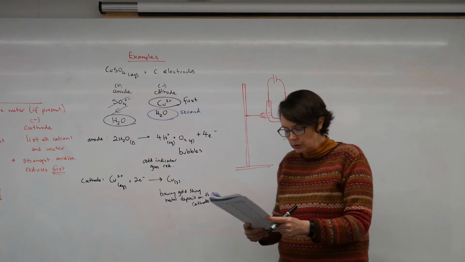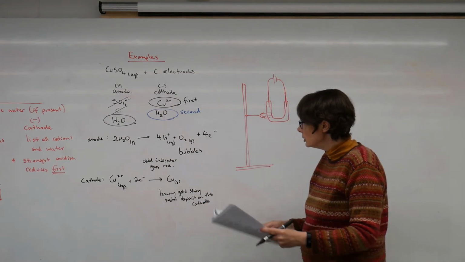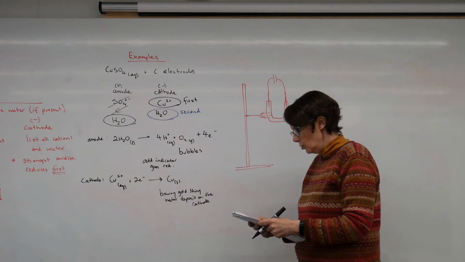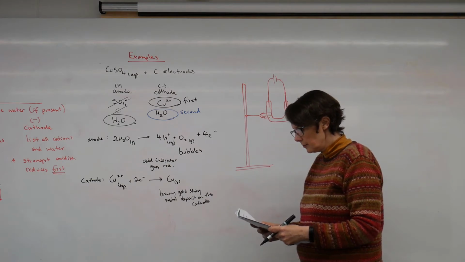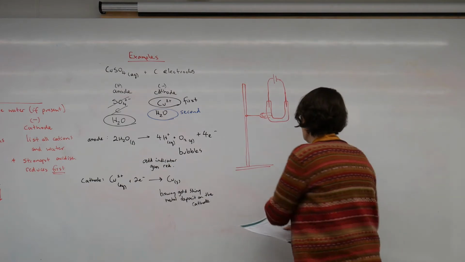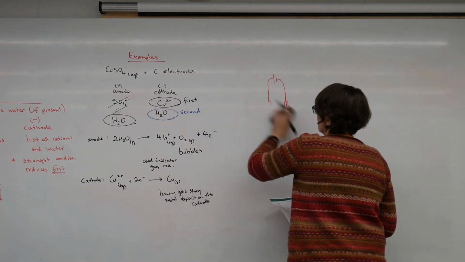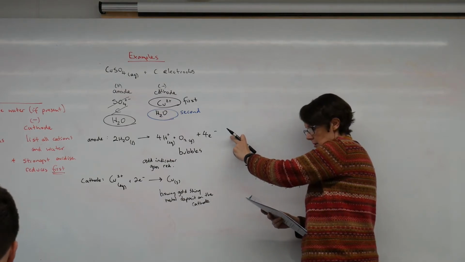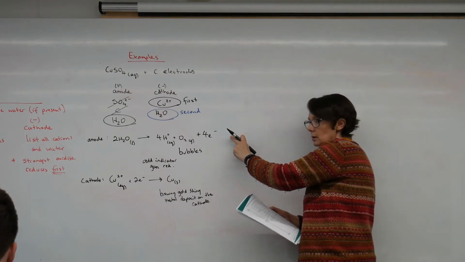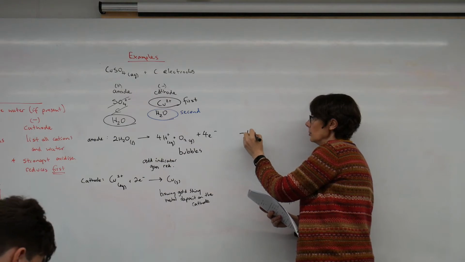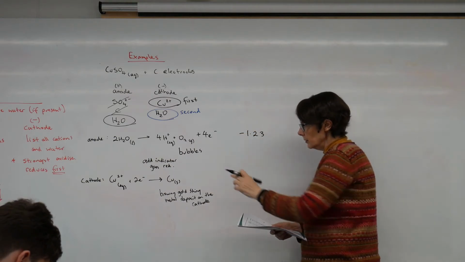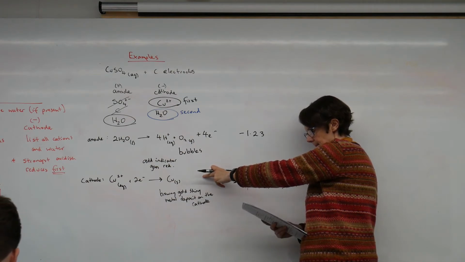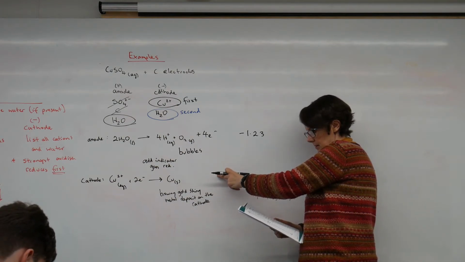Okay, now we have to determine the minimum voltage. So we're finding our half equation there for water. What's the voltage? What's the voltage for this one? -1.23. And what's the voltage for this one?